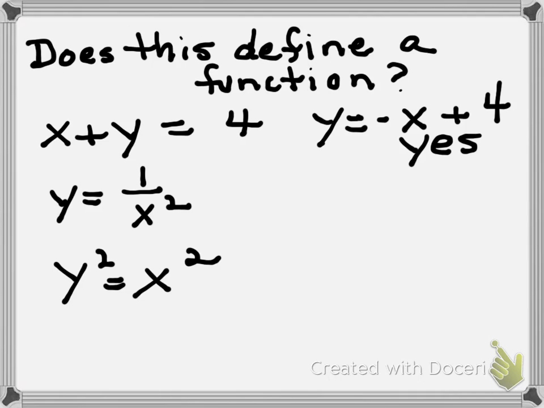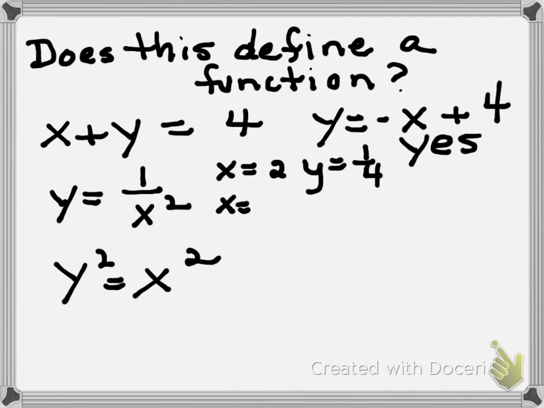We also need to look at, if we put in an x value, do we get multiple y values? So for y equals 1 over x squared, if we, for example, put in 2 for x, we get y to be 1/4.